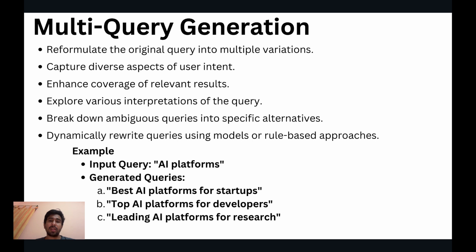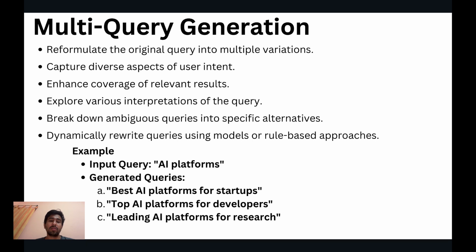Next comes the multi-query generation. You can reformulate the original query into multiple variations, so it captures the different aspects of user intent. It will enhance the coverage of the relevant results, and it will be able to retrieve more relevant documents related to the user query. Sometimes it also helps by breaking down the ambiguous query into specific alternatives.